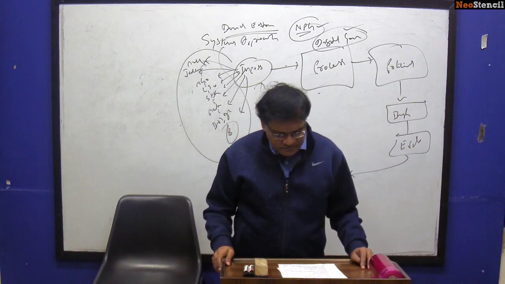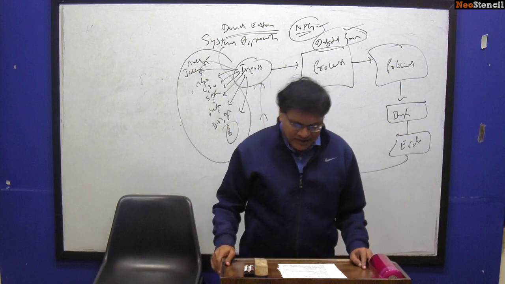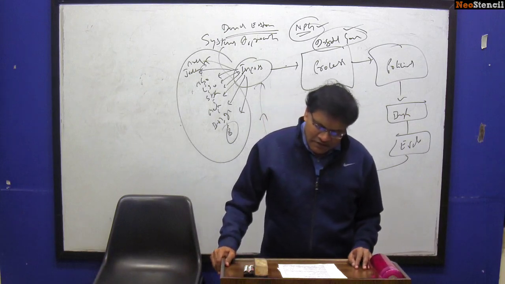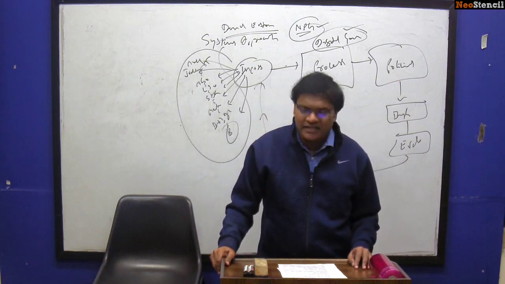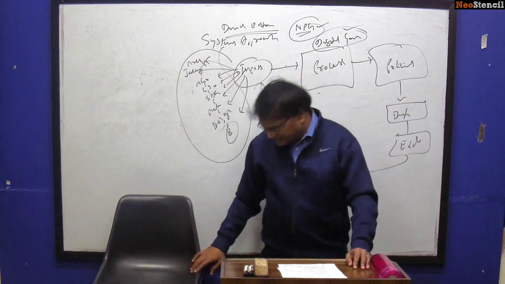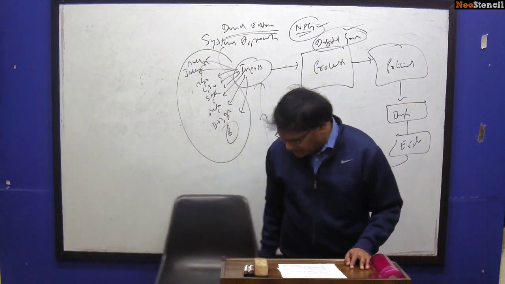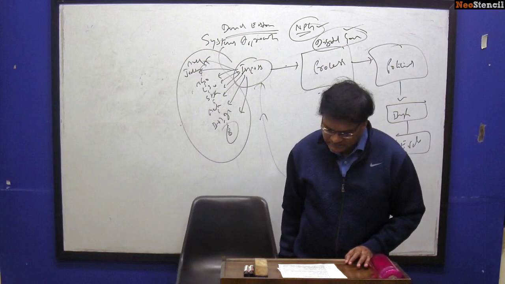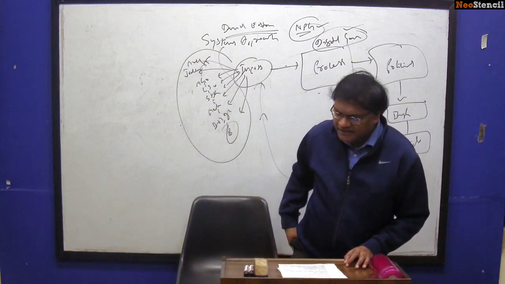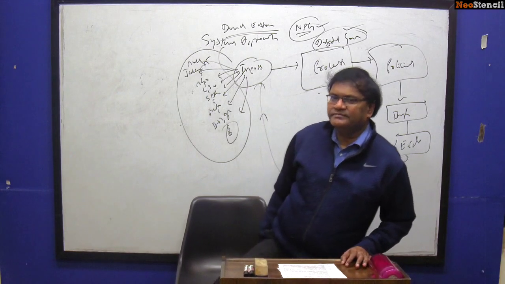Next, have political realities thwarted the move towards evidence-based policy making? Critically examine. So let us try to understand this question. Evidence-based policy making means what?